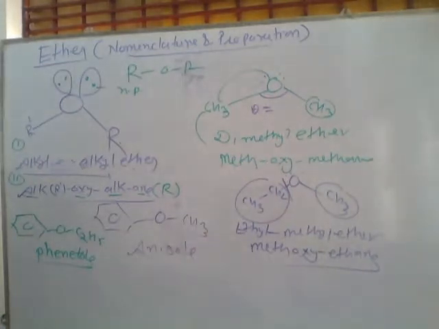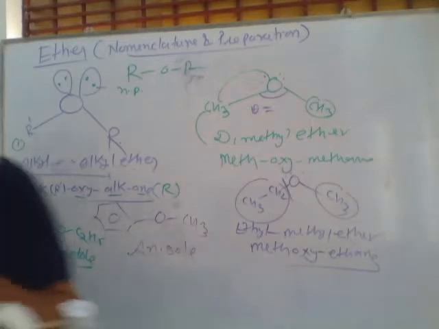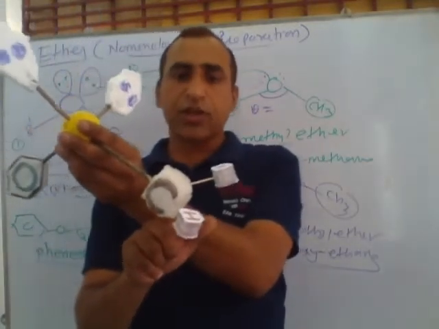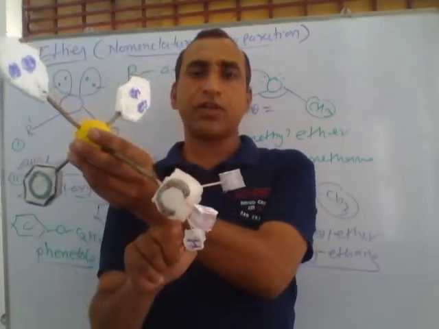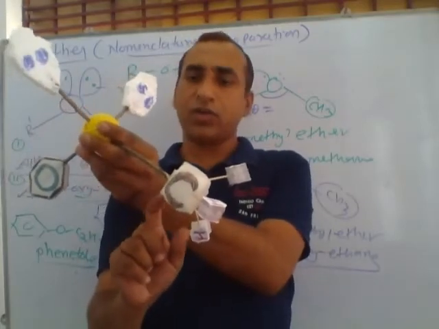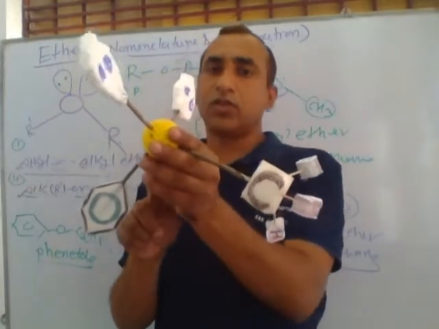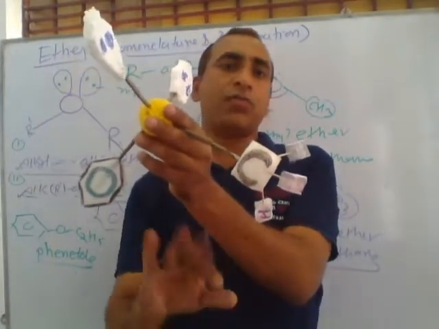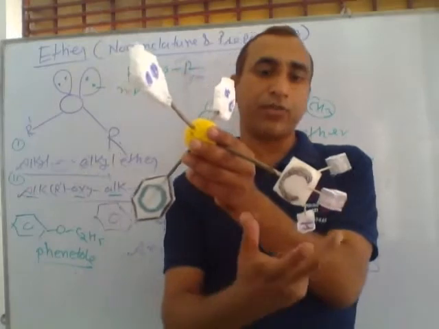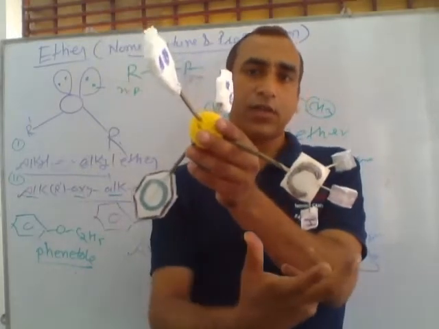Another name, listen, if instead of this there are C2H5, meaning ethyl, so actually for the CH3 compound the special name is called anisole. If there is C2H5, the compound will become phenetole. Phenetole means phenyl along with ethyl.